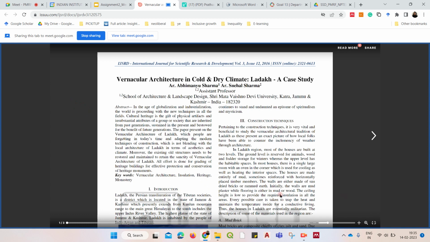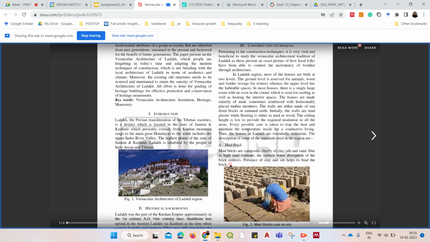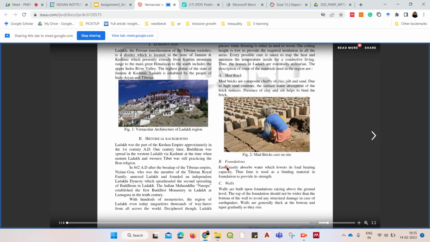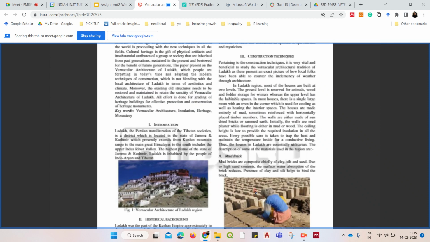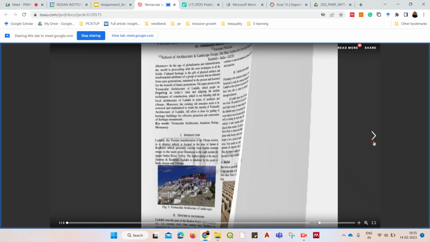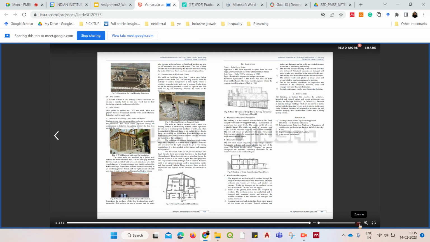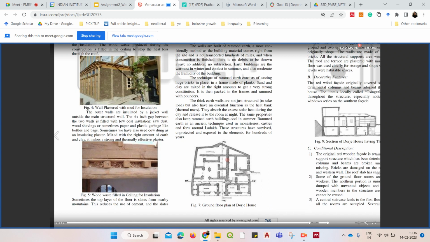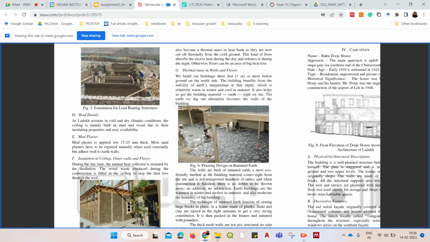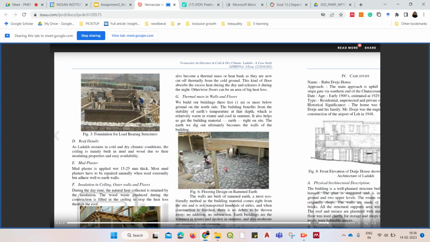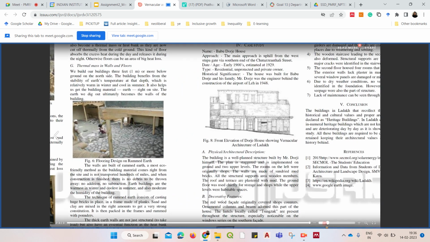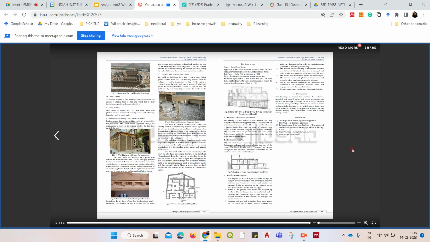So I thought that mentioning this would also be helpful for you to understand how vernacular architecture relates to the climate of particular area. So you can go through this also to help you understand how specifically Ladakhi houses are created, what specific materials are used, and how the different climatic aspects of the house are taken care of.